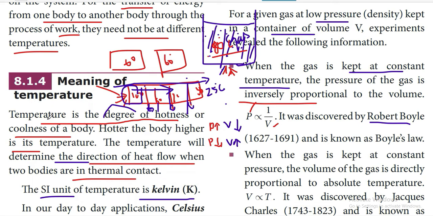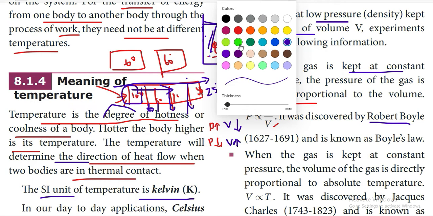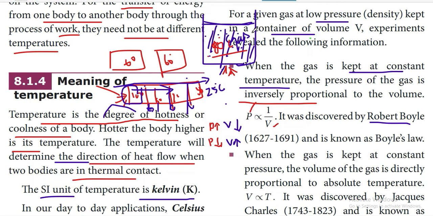Say for example we have a container with a gas maintained at 80 degrees Celsius. First we will take the example of when the volume decreases. Now we have a volume here, and this is the first condition.